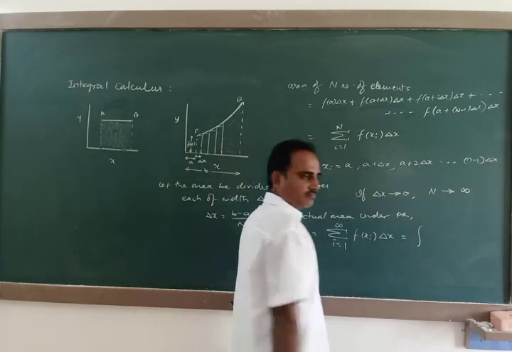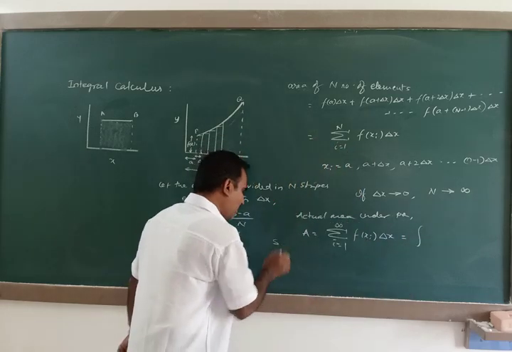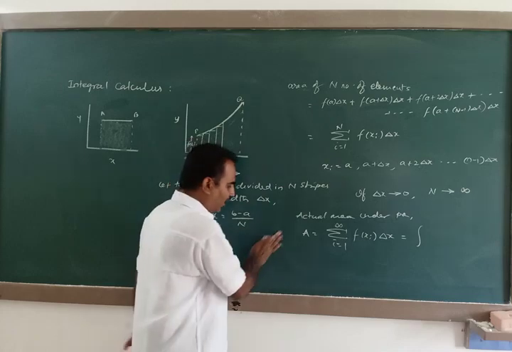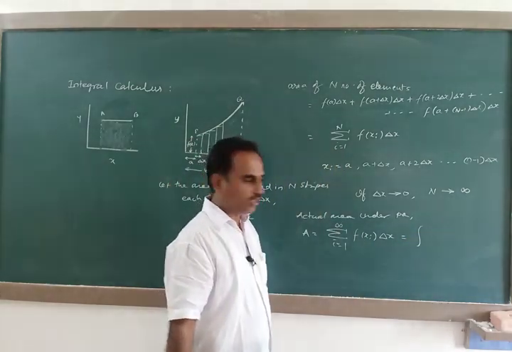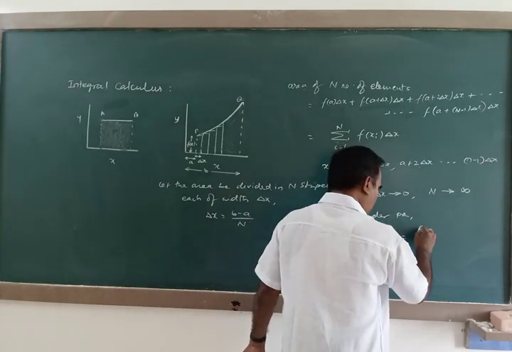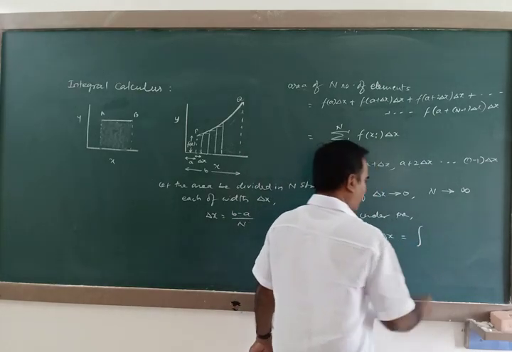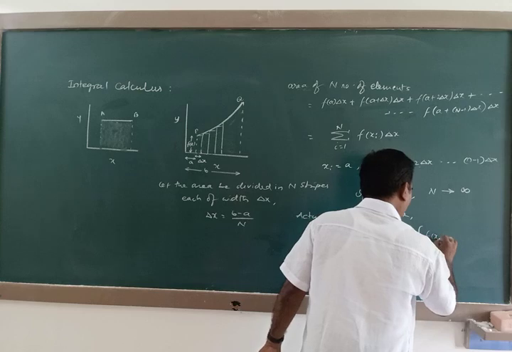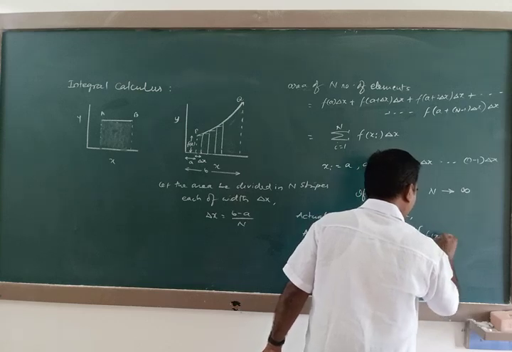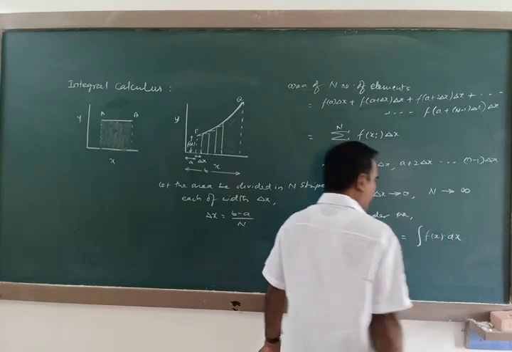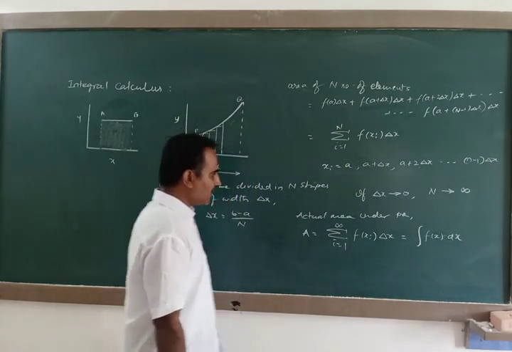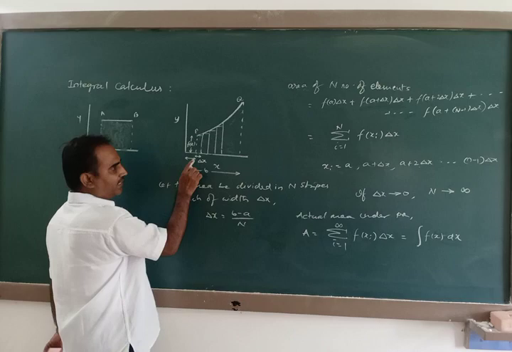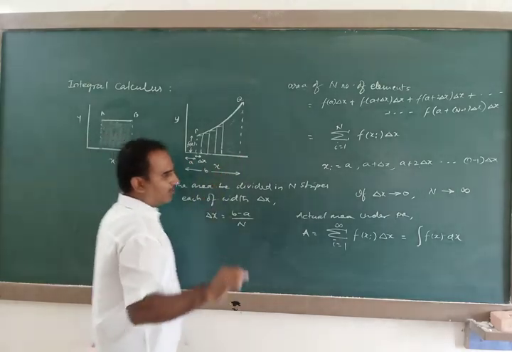So integration is symbolically written as an elongated s. Generally we write s like this. When you elongate it, it becomes the symbol for integration. So this symbol is to be pronounced as integral. So integral f(x) dx, we write it like this. This integration is to be carried within the limits from a to b.